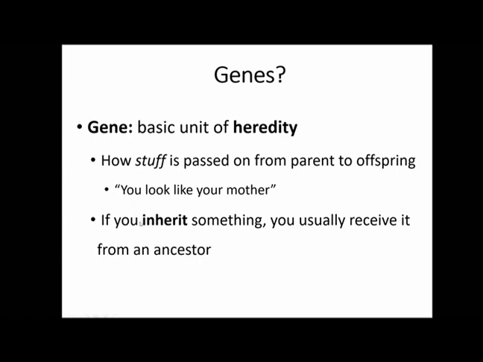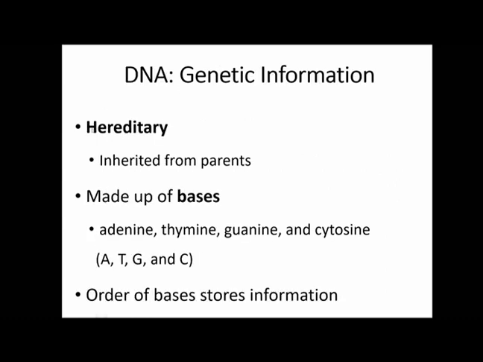So if we talk about you are inheriting something, which has the same root as this heredity, if you're inheriting something, you're receiving it from an ancestor. You are getting it from someone further back in your genetic line, someone who's related to you. So when we talk about something being hereditary, you are inheriting it from your parents.